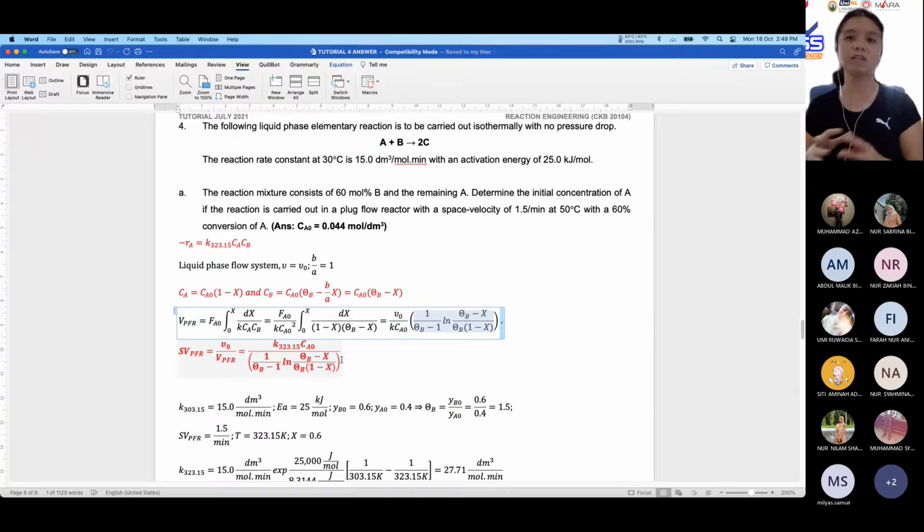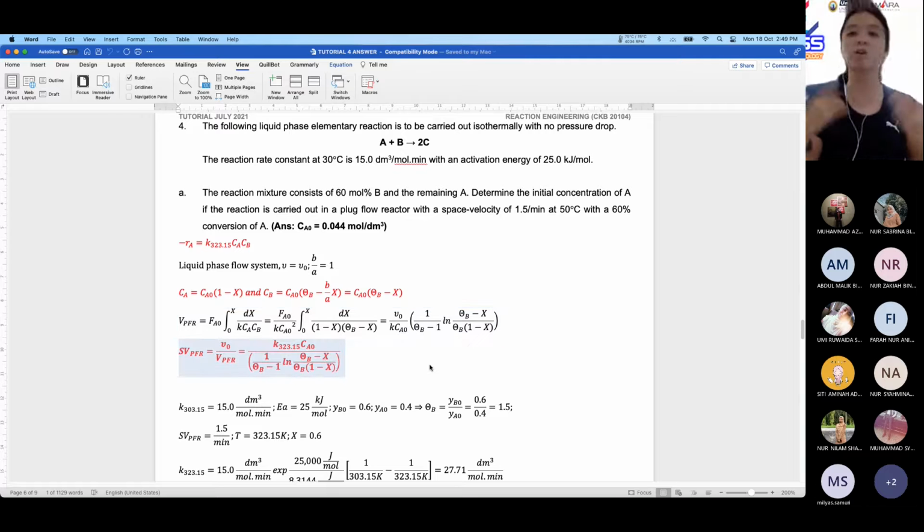You have to be careful because students get confused, since the big bracket seems to have a top and a bottom part. You must remember it comes as its own unit, so the whole bracket goes to the bottom, and the K CA naught from the bottom goes to the top. Then you will get the space velocity equation.